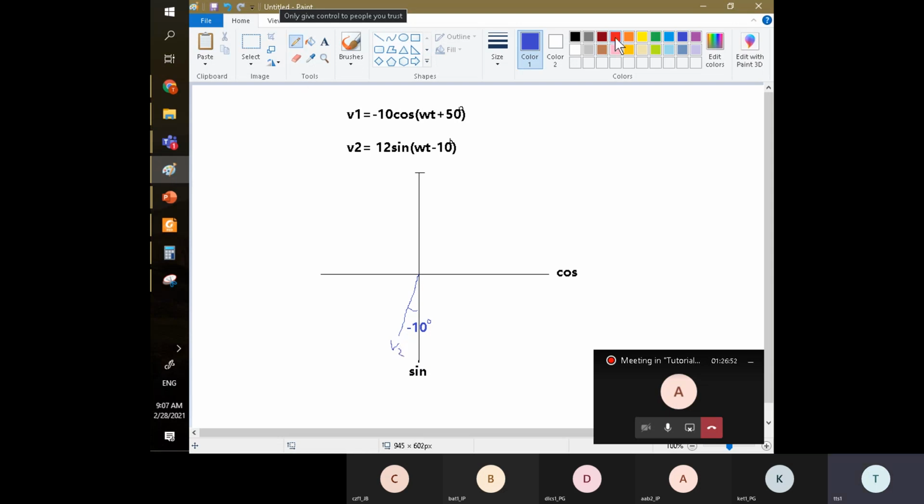Okay, for the V1, let's use the red color. V1 is a negative value. Let's draw the reference line first, okay? Cosine plus 50. So here's cosine plus 50. Let's use the light color here. Let's say this plus 50.